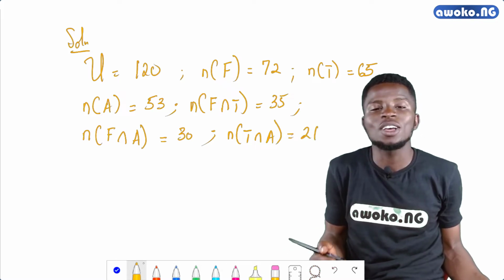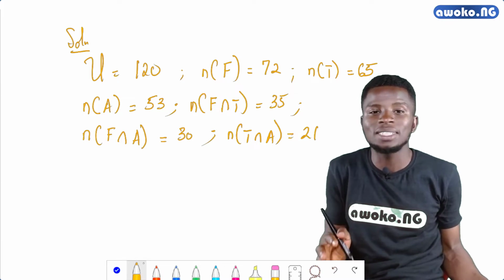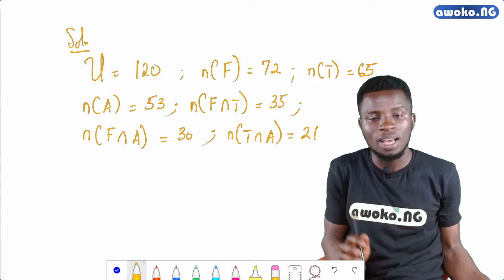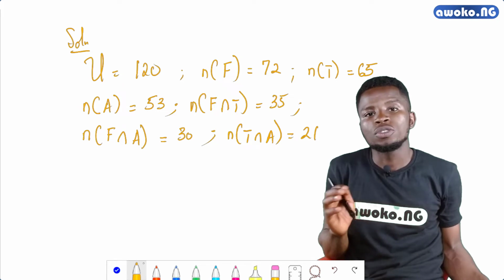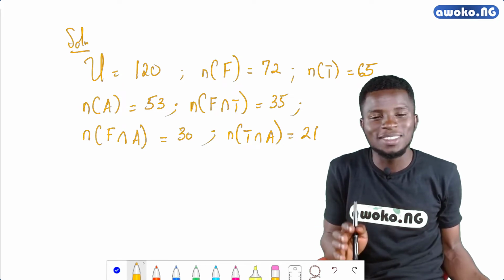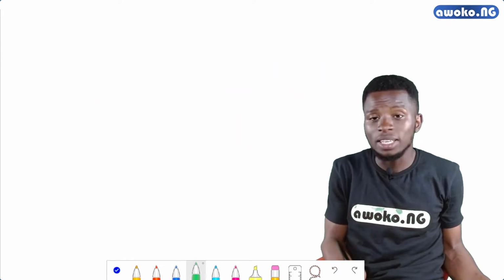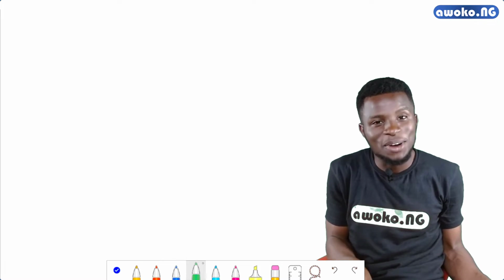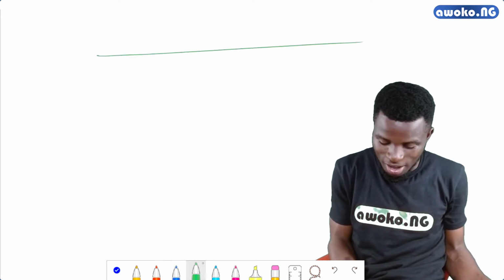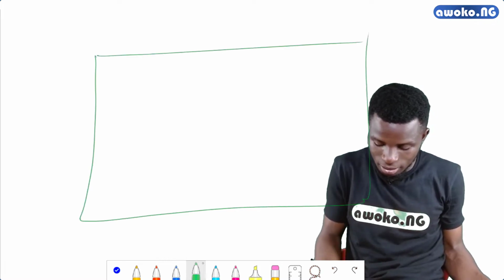Now, seeing that all the customers banked with at least one of the three banks, we have to draw a Venn diagram to illustrate this information. And how do we do that? Remember that I said Venn diagrams are represented with rectangular blocks. So we have something like this.